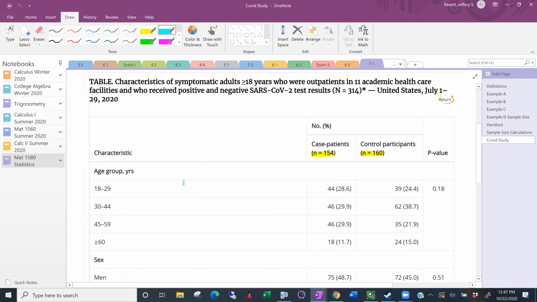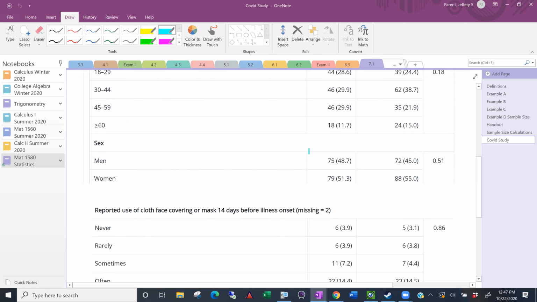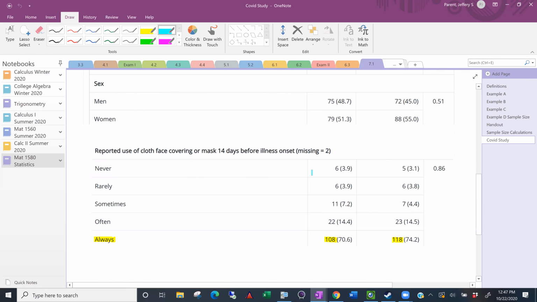Basically you had cases and controls. These are people who reported for a COVID test because they thought they had symptoms, and they said, let's collect some data on you. There were a couple of interesting things that came out of this study. First of all, the proportion of people that reported using a mask was about the same in both the case group, people who had COVID, and the control group, people who didn't.